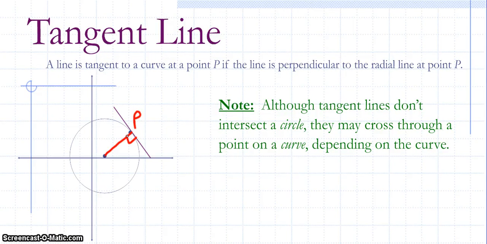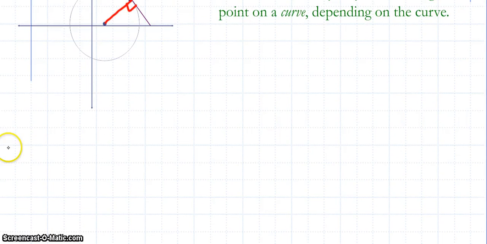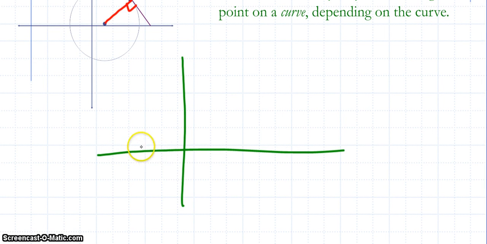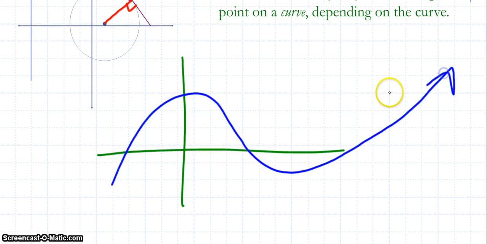But if we're just talking about a function, the tangent line could still cross the function. So for instance, I have some coordinate plane and some function like this.